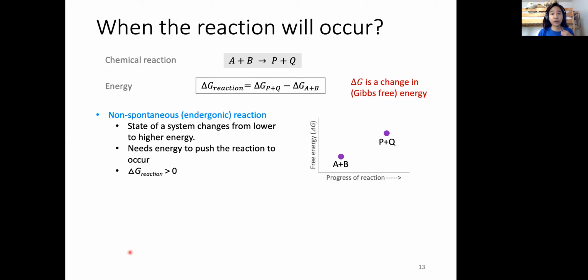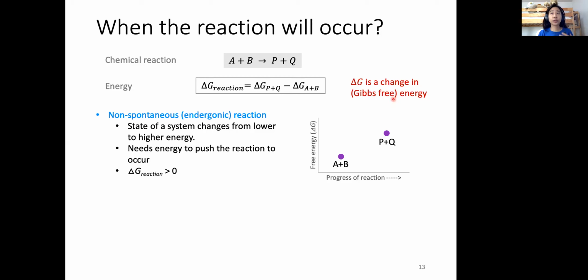Now, let's move on to the next topic: how do we know when a reaction will occur? In general, a chemical reaction is a rearrangement of chemical structures to form new chemical molecules. The energy in the reaction is represented by delta G, which is the free energy.